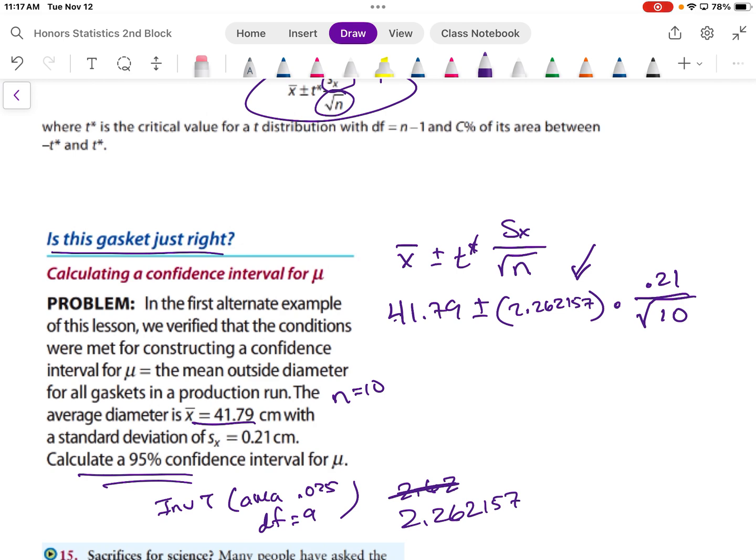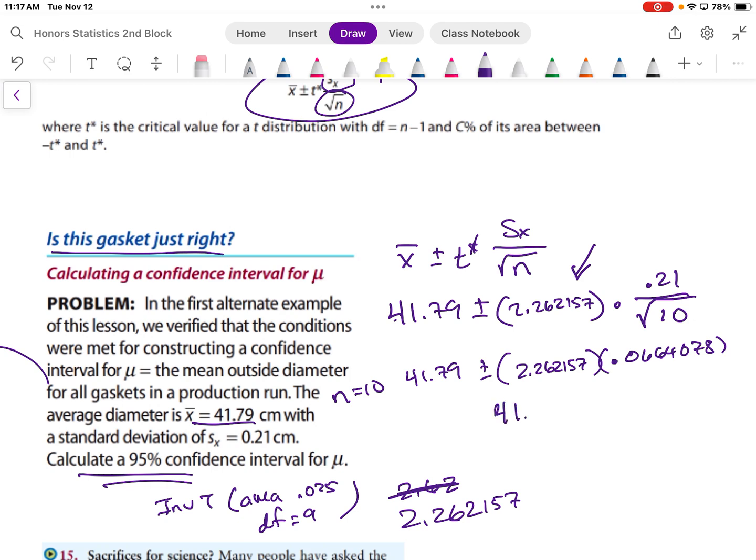So now we just get to start doing the math. 20.21 divided by the square root of 10, and I'm going to multiply. That is 0.0664078 times that decimal there, plus or minus the 41.79. So times 2.262157.